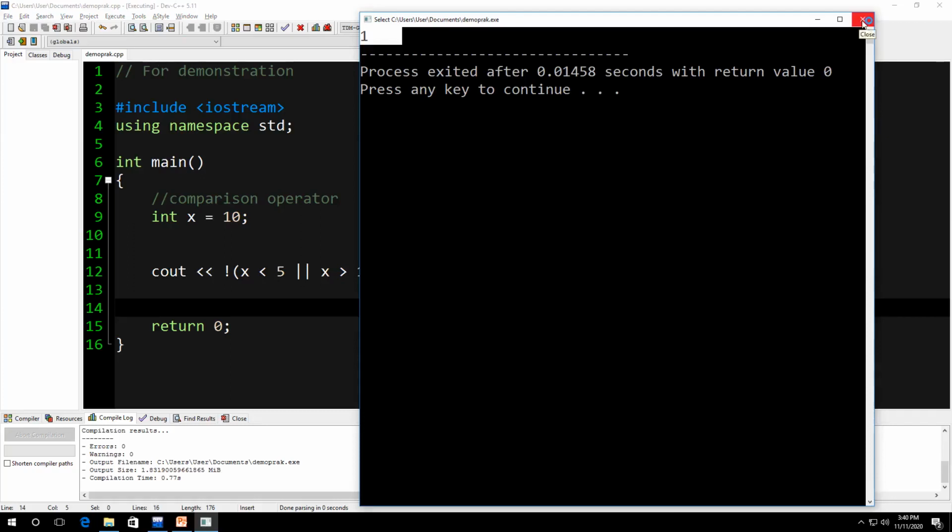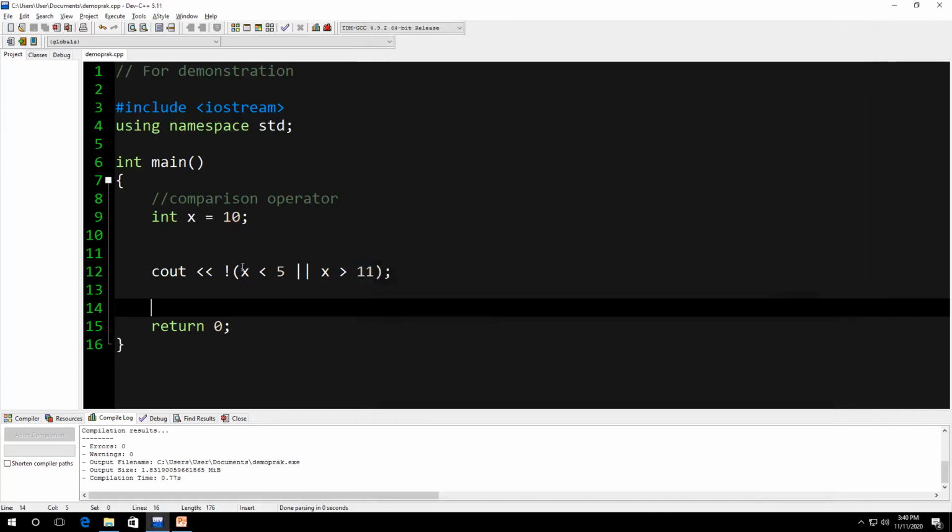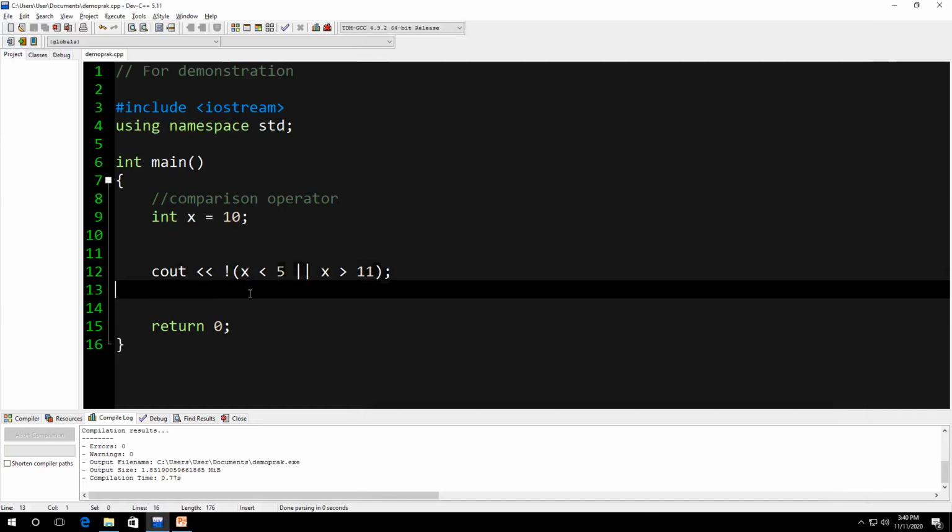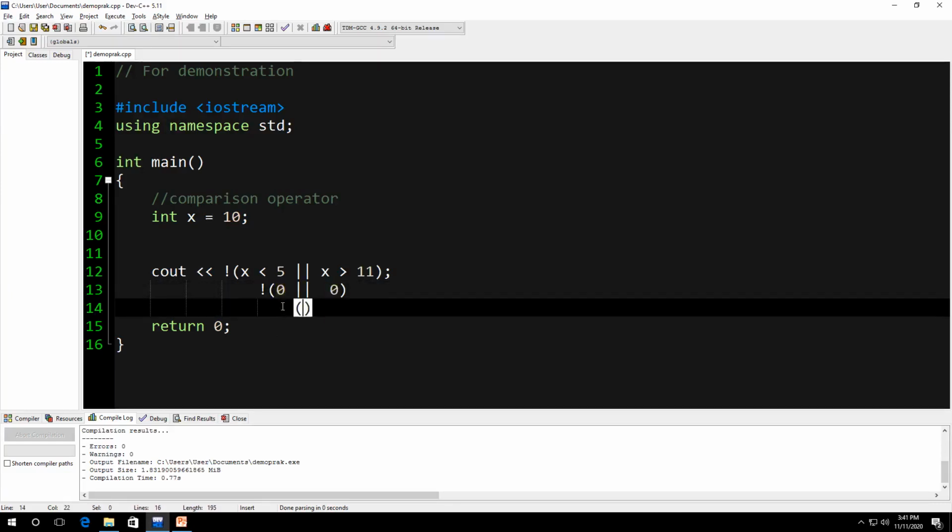It will reverse the result if you put NOT on your operator. This one, the NOT operator. Since this is false or false, and you have the NOT here, false or false is false, but you have the NOT.